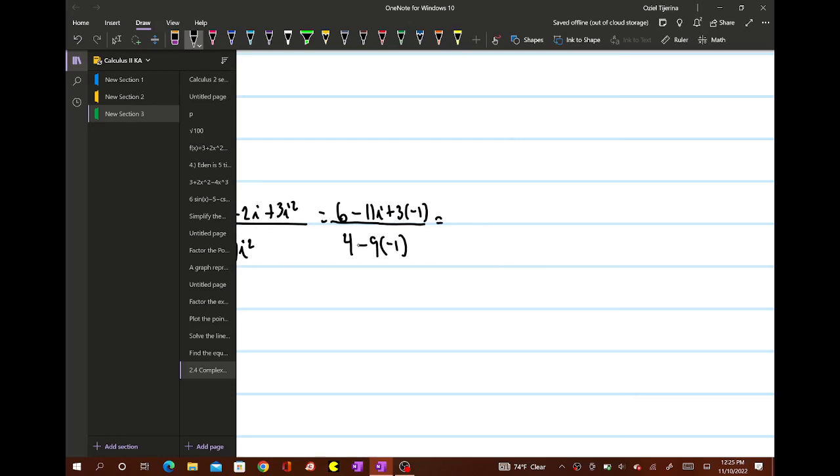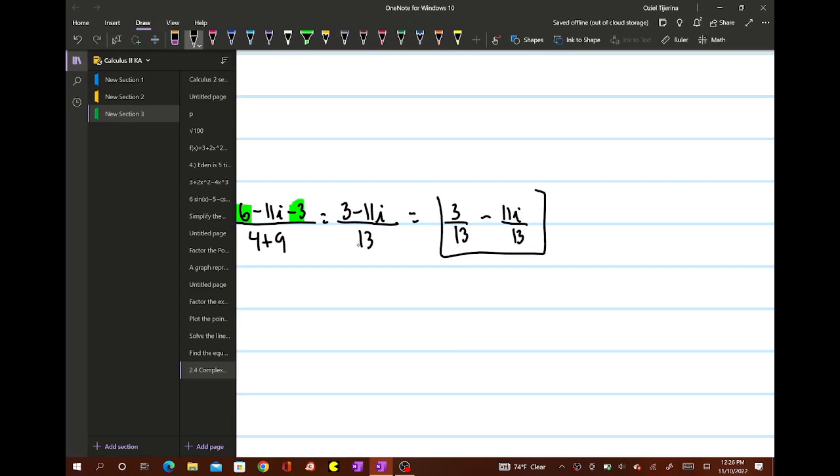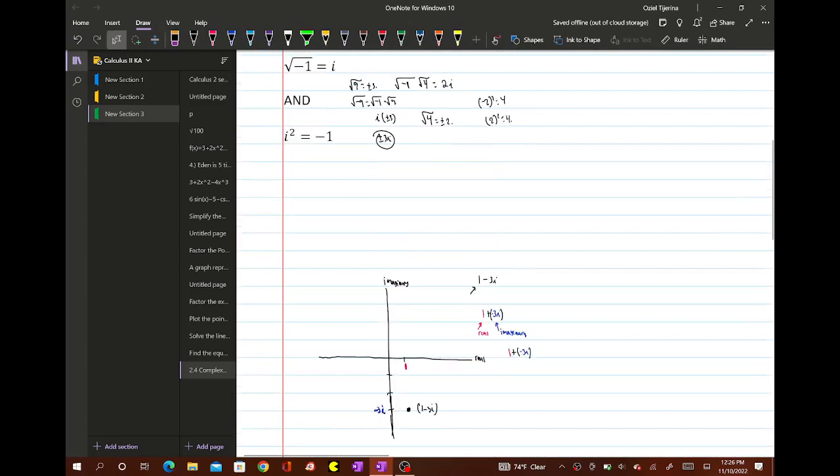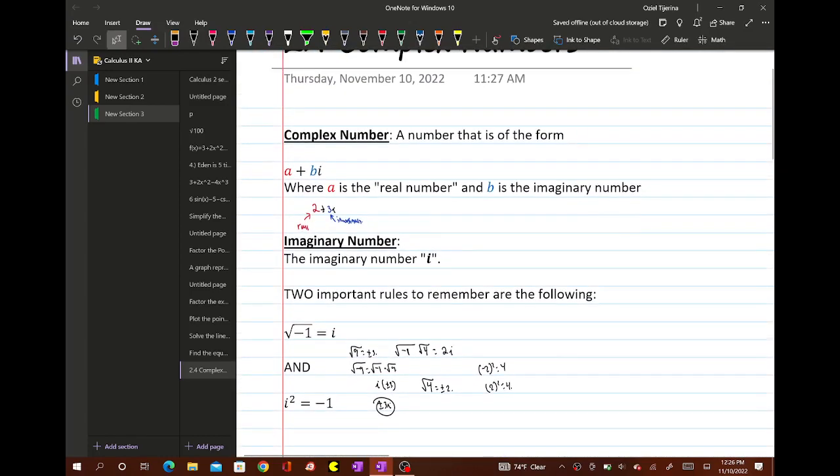Which is equal to 6 minus 11i minus 3 over 4 plus 9, which is equal to, so we have a 6, a negative 3, so it's 3 minus 11i over 13, and we can write that as 3 over 13 minus 11i over 13.